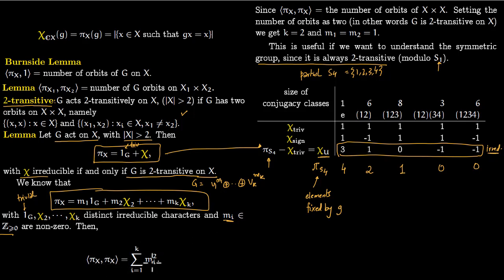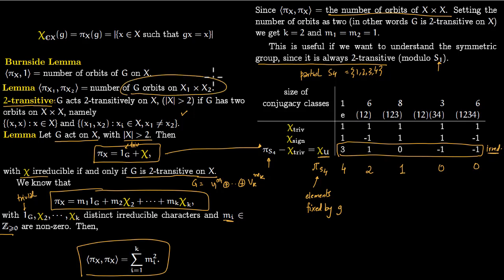Now you take the inner product with itself, so you get the sum of mi squared. This also we have seen before. Now using this lemma, you know pi of x1 x2 is the number of orbits on x1 times x2. Now x1 and x2 are both x, so this is the number of orbits on x times x.